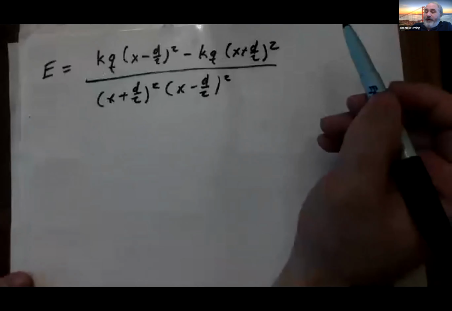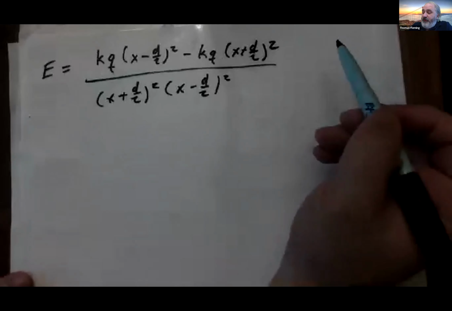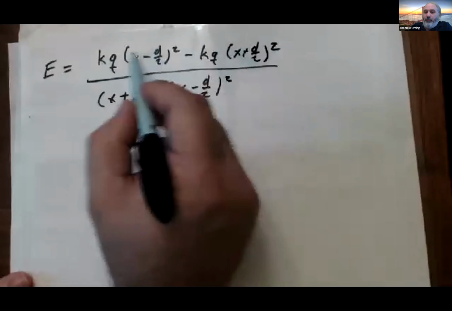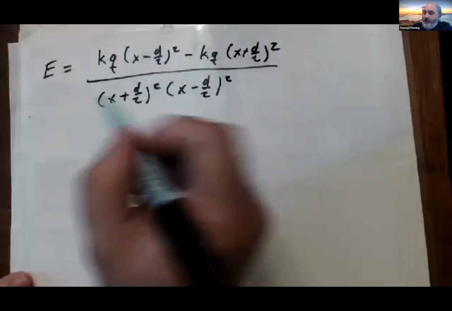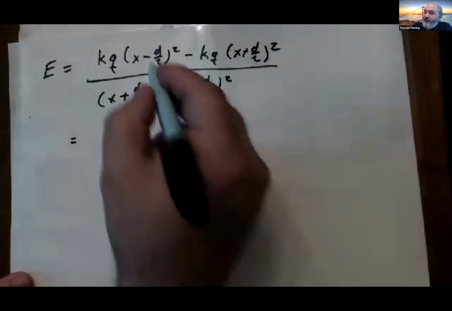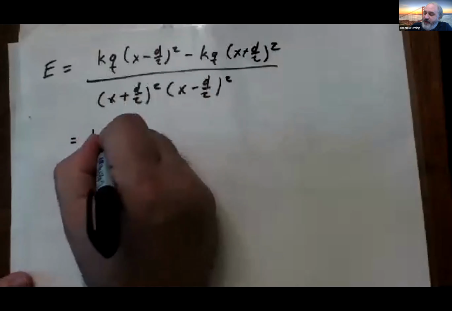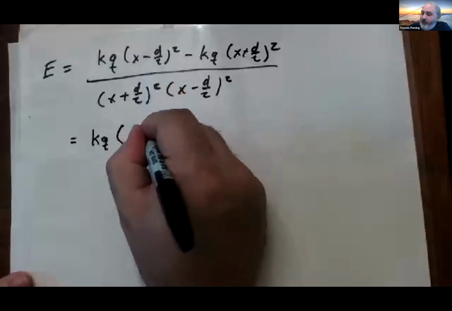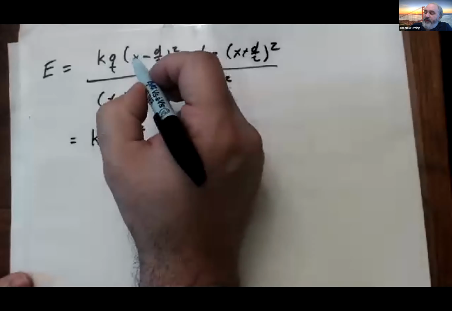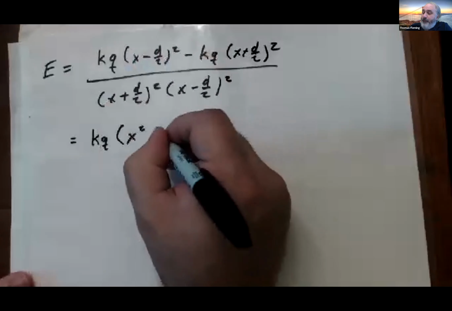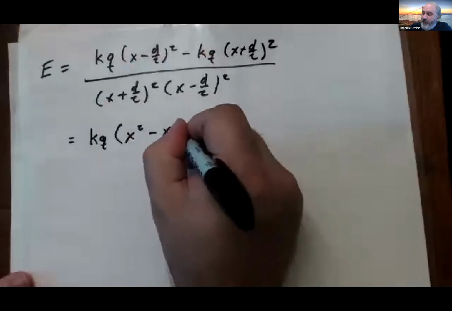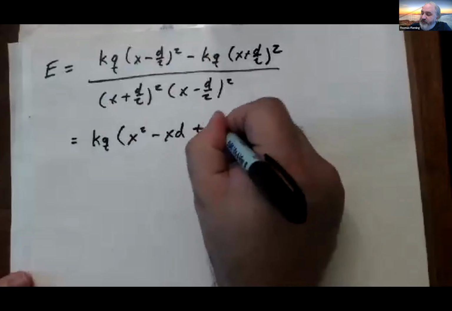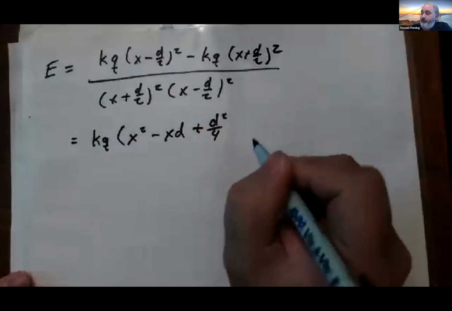What I'm going to have to do is FOIL out these two expressions here, because I want to collect some like terms up top. So this is going to turn into KQ times, when I FOIL that out, x squared minus x times d plus d squared over 4.